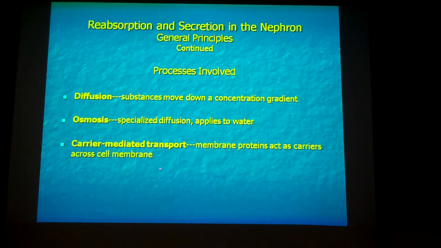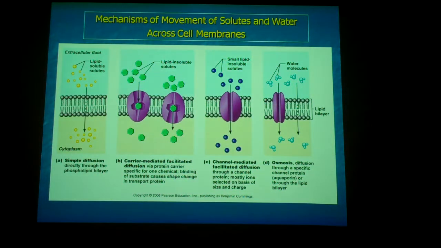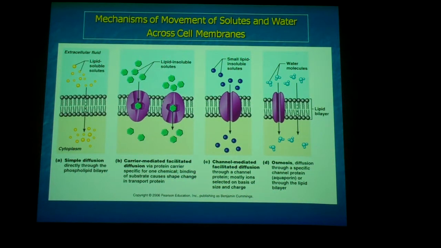But many things, in fact most things, pass through cell membrane through protein carriers or channels. Here's some examples. This is simple diffusion of lipid-soluble substances through the cell membrane. These are all examples of protein carriers or channels through which things move into and out of cells.